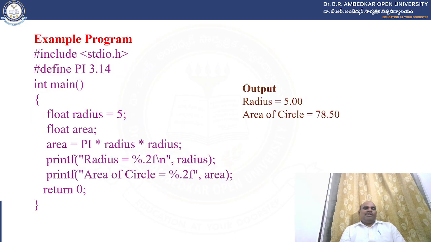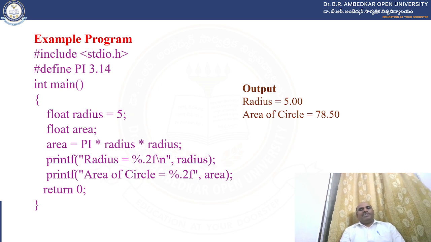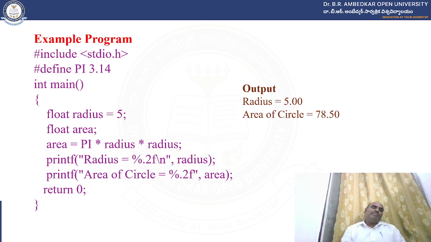Now we can take an example program using the preprocessor directives. In the first line, we know very well, hash include stdio.h, the standard input output header file, is declared. Next, we take the define preprocessor directive, defining the pi value as 3.14.